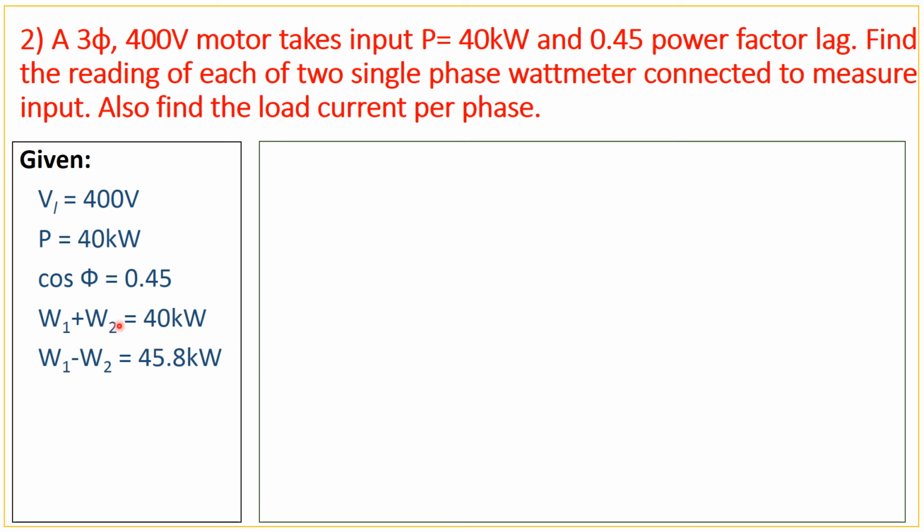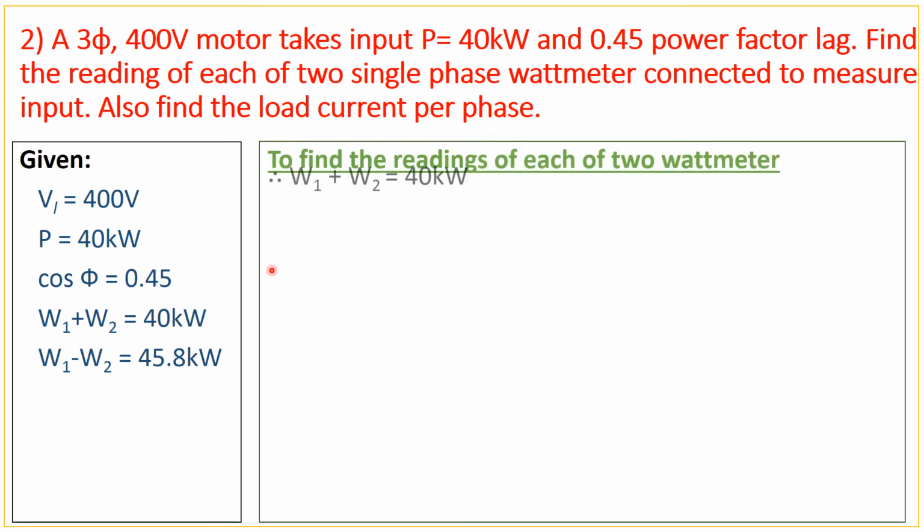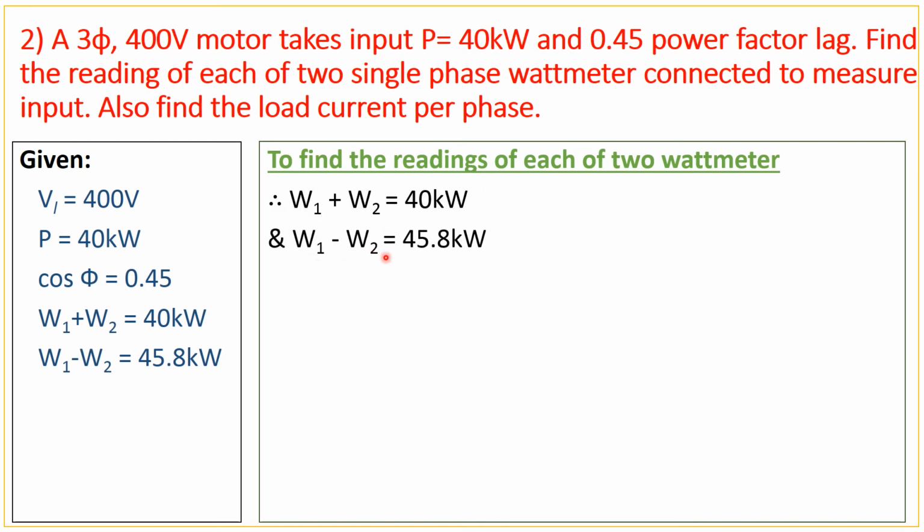So you have W1 plus W2 as 40 kilowatt and W1 minus W2 as 45.8 kilowatt. Why I am finding this now? The question is to find the reading of each of two single phase wattmeter. So I must find what is W1, I must find what is W2.